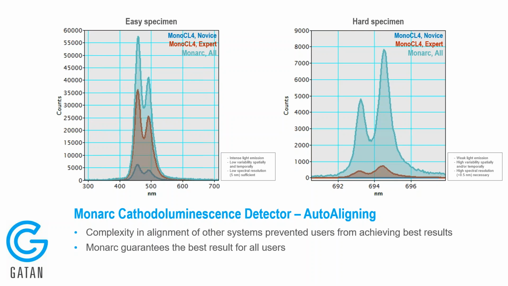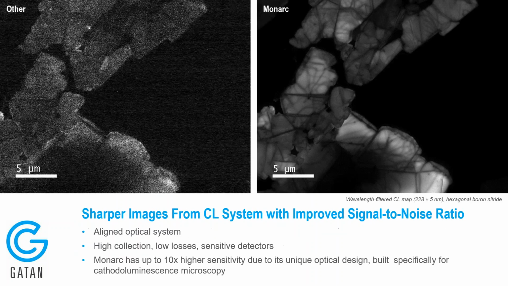So an example of that is shown on the next slide, where we have two data sets, one acquired with an old CL system that's not been able to be aligned perfectly, and the Monarch detector on the right. Now this is a two-dimensional material, incredibly thin, emits with very low luminescence intensity, and so it's incredibly difficult to align. However, with the Monarch system, the alignment happens independent of that process and independent of the user's ability to do it.